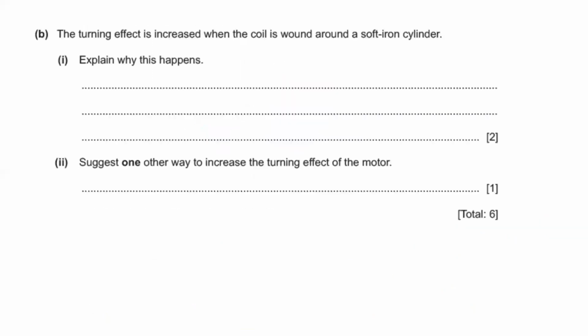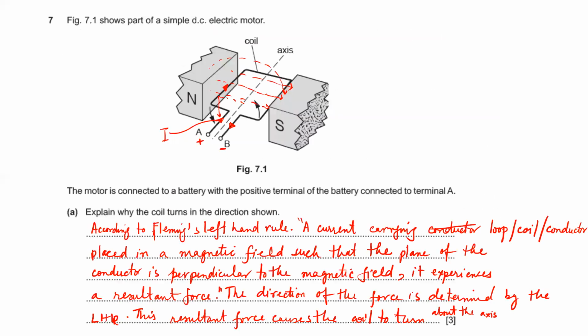Moving ahead, part B, the turning effect is increased when the coil is wound on a soft iron cylinder. Explain why this happened. So when we place a soft iron cylinder between the magnetic field, more magnetic field lines are concentrated through that soft iron, and in a way we have more flux linkage between the current carrying conductor and the magnetic field lines.